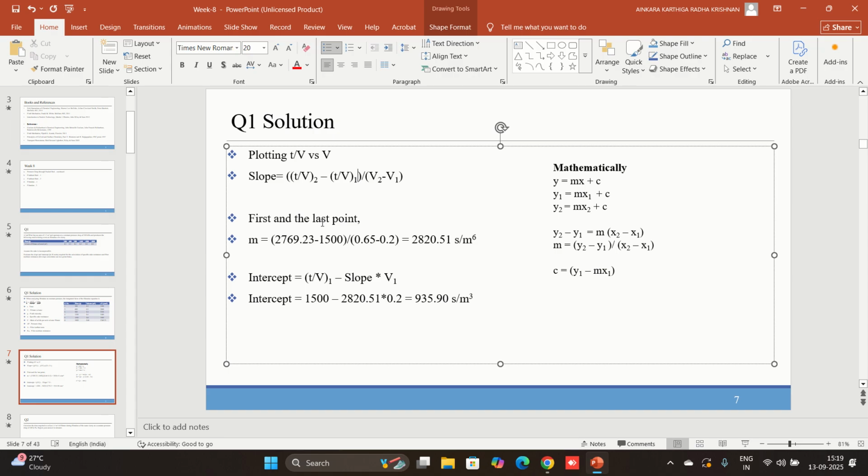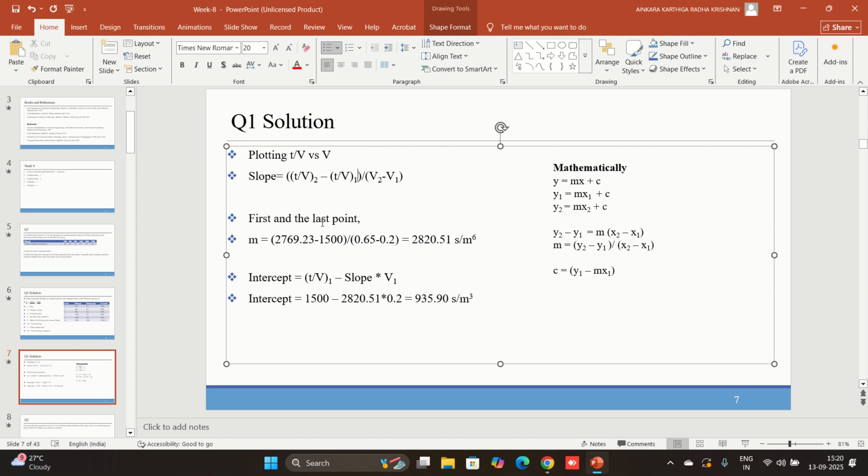In a normal calculation, we can plot it in Excel and get the slope and intercept through the graph. But here we are using two points, the first and the last point, and calculating the slope using y2 minus y1 by x2 minus x1.